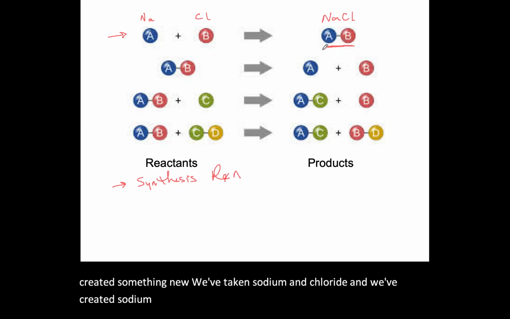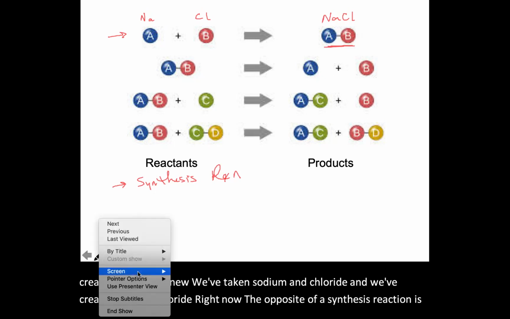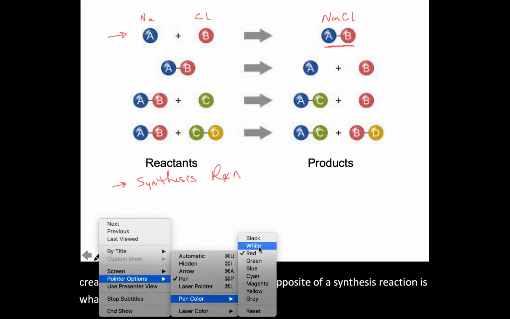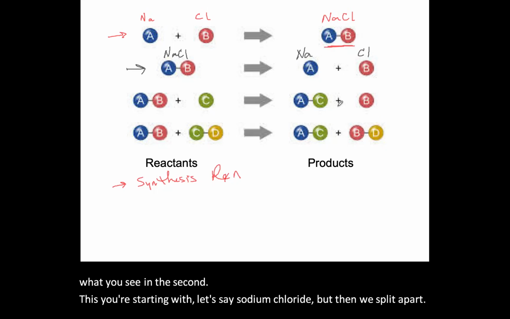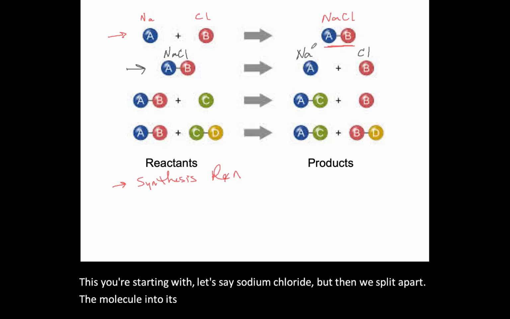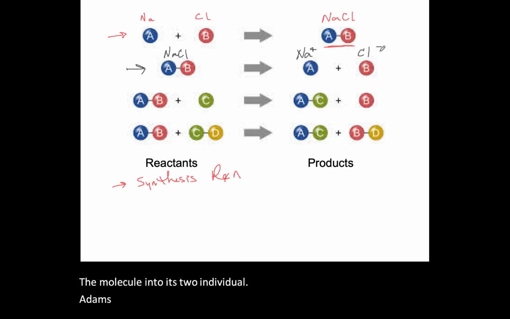All right? Now, the opposite of a synthesis reaction is what you see in the second picture. You're starting with, let's say, sodium chloride, but then we split apart the molecule into its two individual atoms, one being an anion and one being a cation.